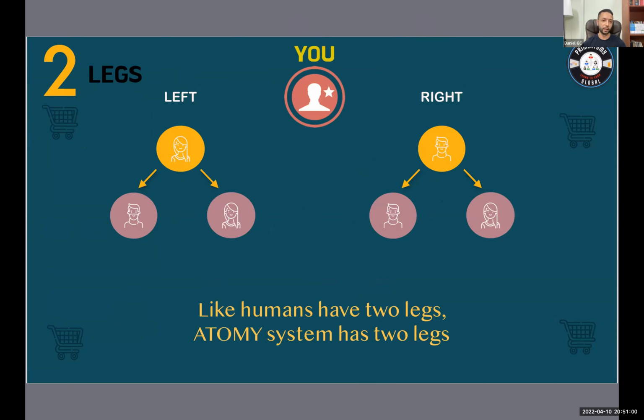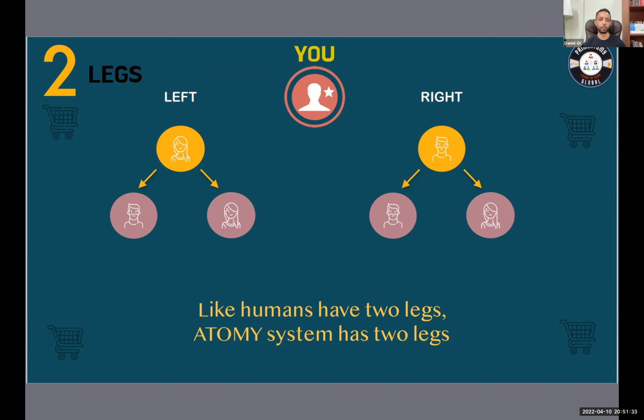If you see it here on the slide, that's you in the middle, and there are two legs on your left and right. A very easy way to remember this is that as humans, we have two legs, our right leg and left leg, and we cannot have a third leg, right? That's the best way to remember while doing ATOMY as a business.